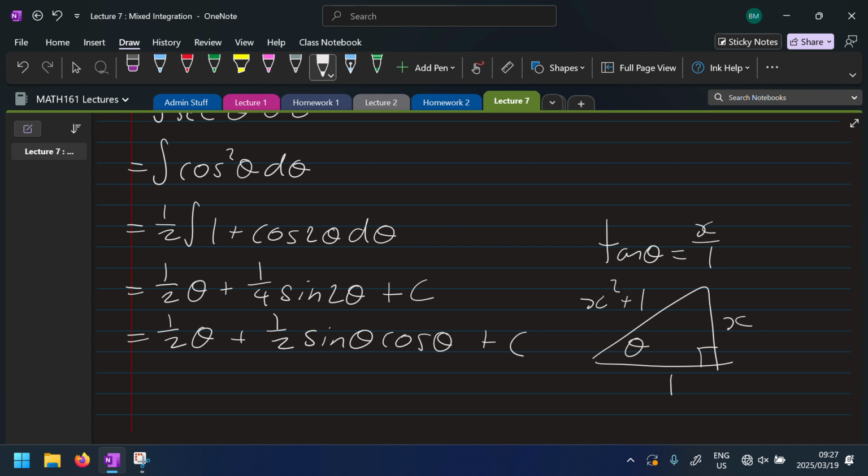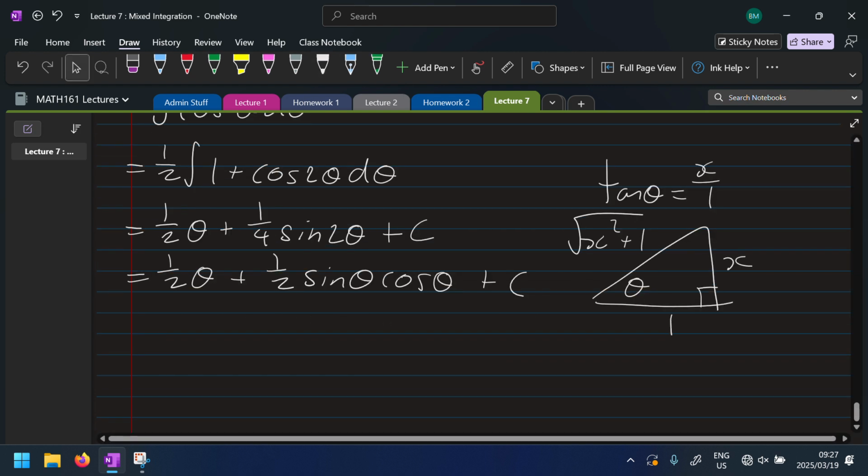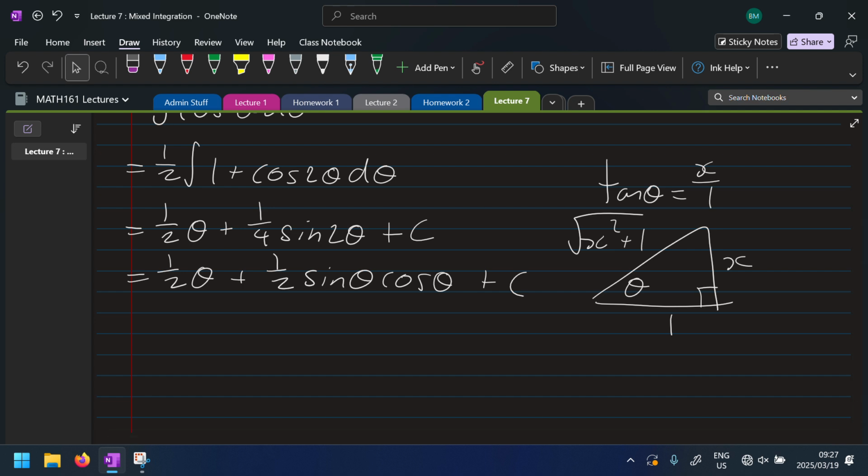That's root x squared plus 1, just Pythag to fill in the missing side. Now we have the full triangle. We can get any trig ratio we need. For sine and cos, we're given tan, so we can now work out sine and cos from opposite over hypotenuse and adjacent over hypotenuse.